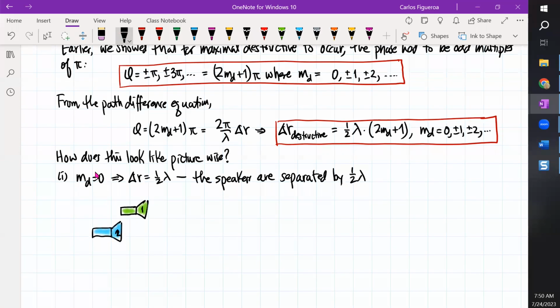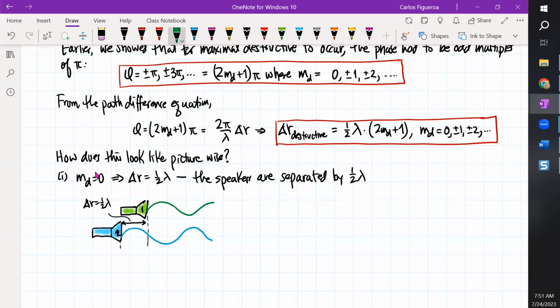From here to here, that path difference is 1/2 a wave. So if I compare my waves, this wave is coming here and oscillating like this, and my green wave is starting here and oscillates like this.